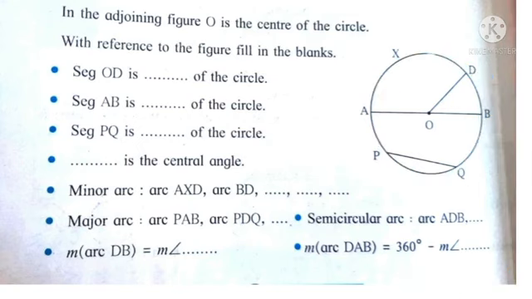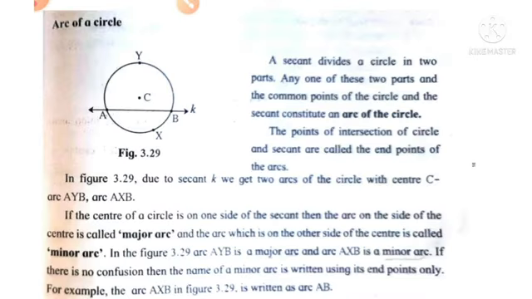So this is the revision of circle. Next point is arc of a circle. See which are the arcs. See the figure here. Here C is the center of the circle. Due to line K, the circle is divided into two parts, first part and second part. These are the two arcs formed on the circle.